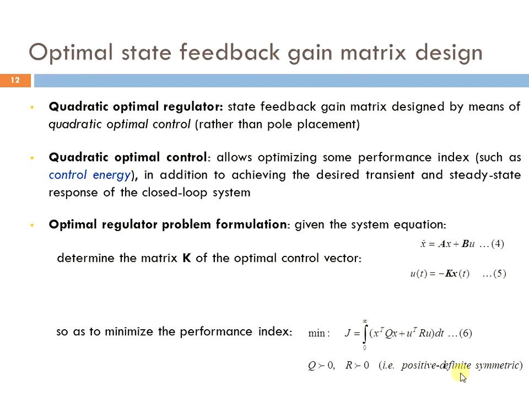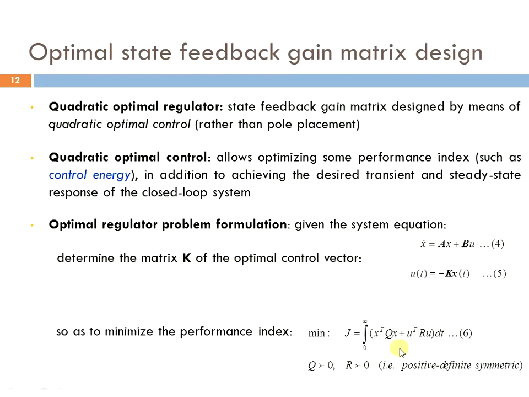This performance index is in the form of the integral of two quadratic terms. The first term corresponds to the control error, which means it's basically associated with the state vector, the accuracy of the control.